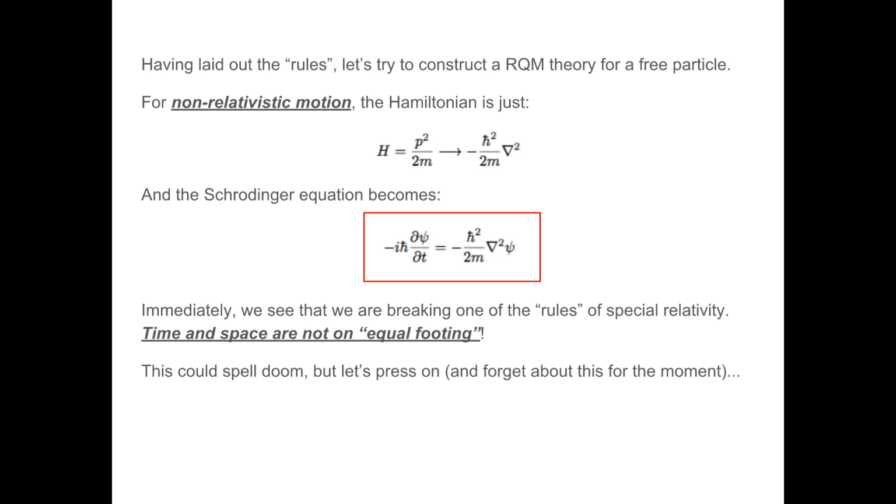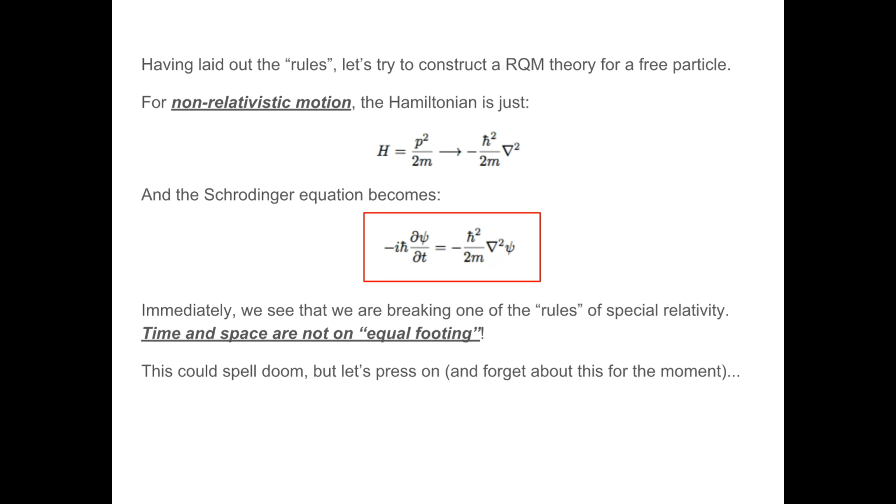But you see that if you try to extend this to a relativistic theory, where the particle is moving very fast, you're violating one of the rules of special relativity. That rule is that we have to treat time and space on an equal footing.